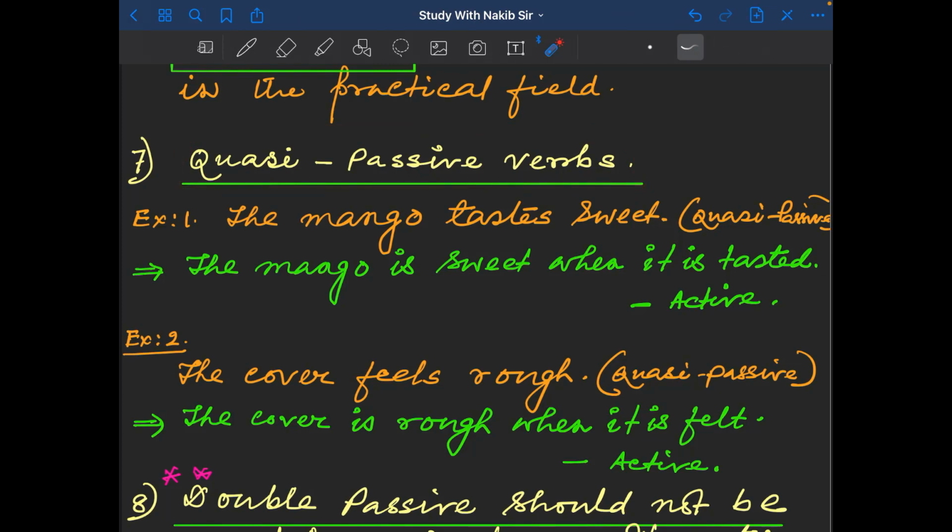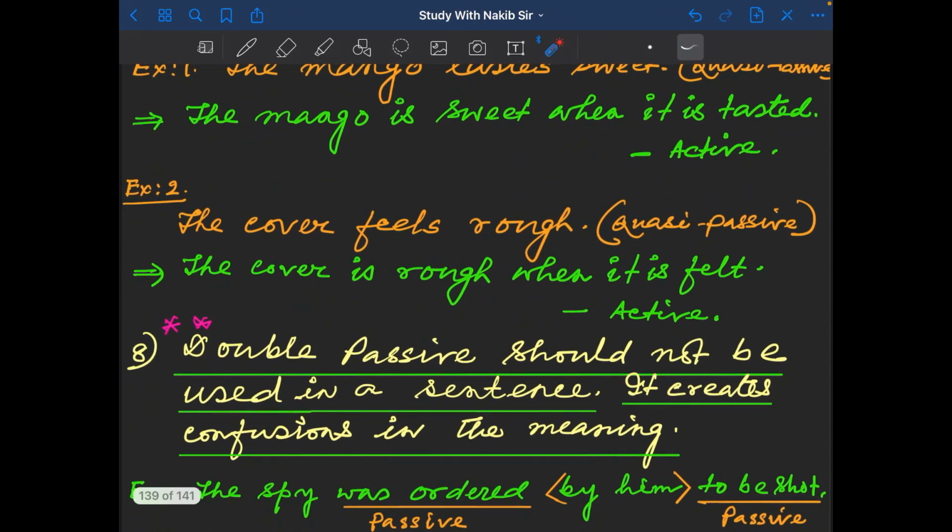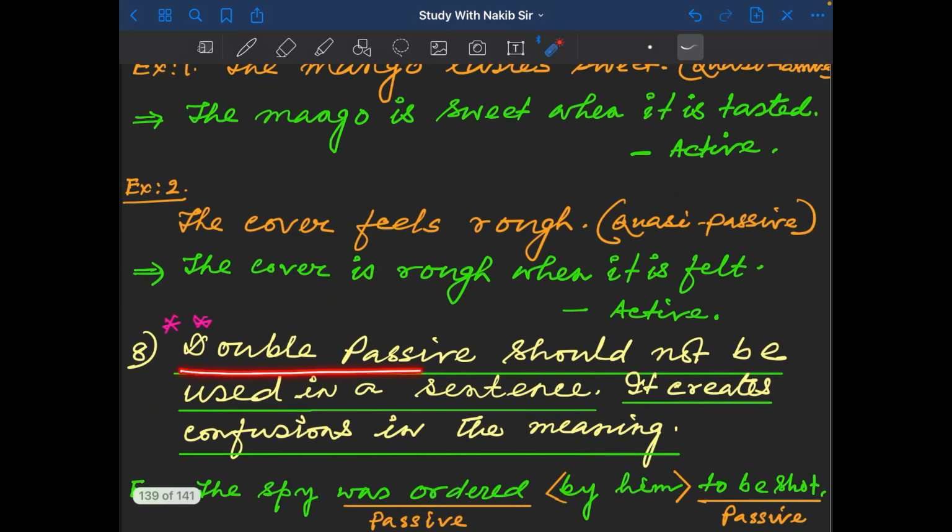Now one warning: double passive should not be used in a sentence, to avoid confusion in the meaning. The meaning sometimes may be dangerous.